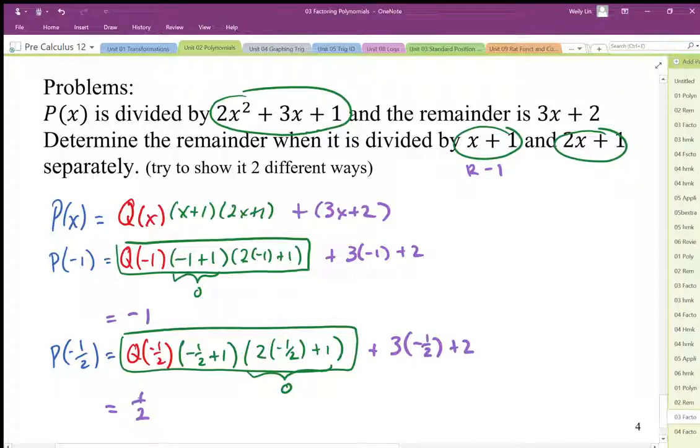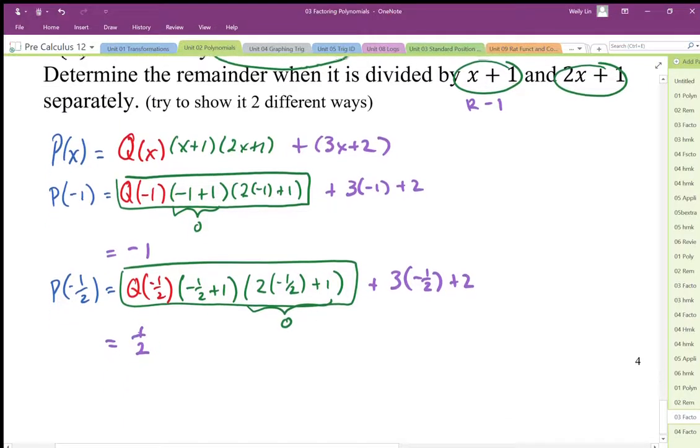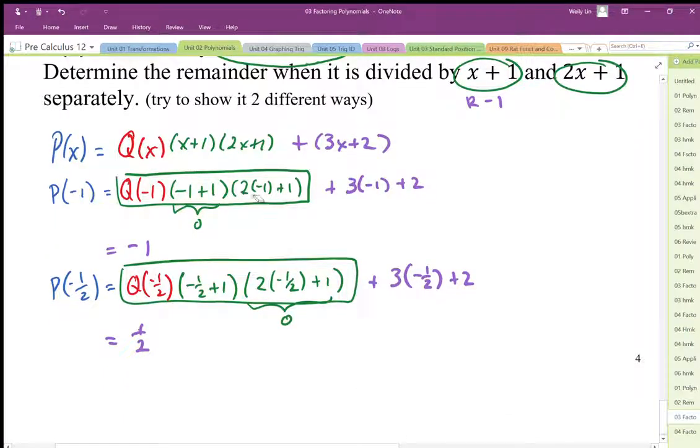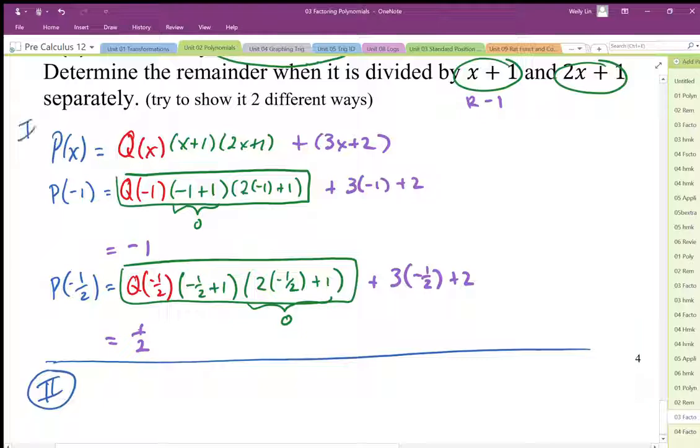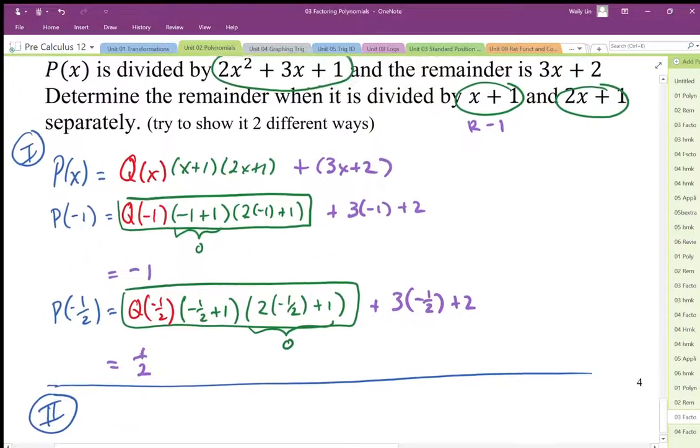So that's one way I can look at this problem. I can think of it as using the remainder theorem to do this. The problem asks to show two ways, so I'm going to draw a line here, and this is method number 2. We'll call that method number 1. The other way is to do some reasoning.